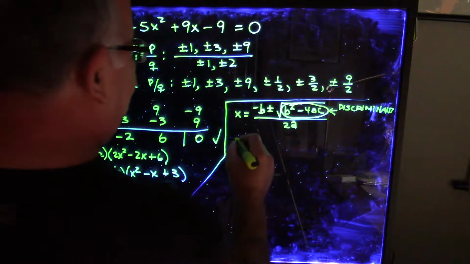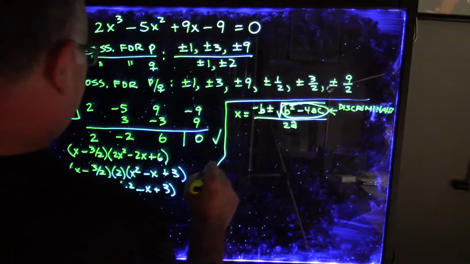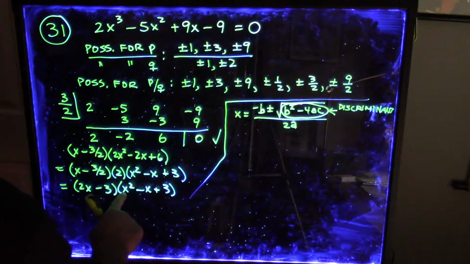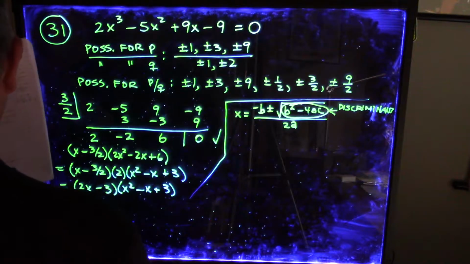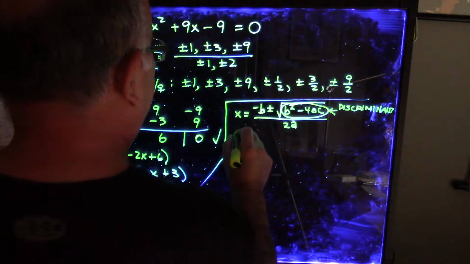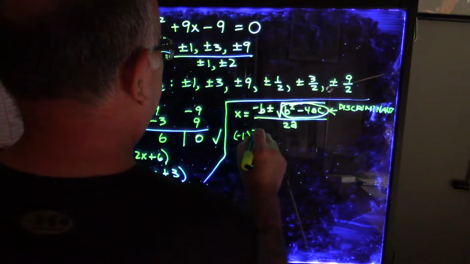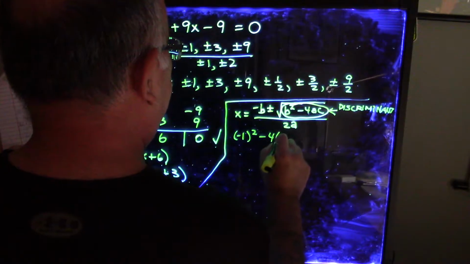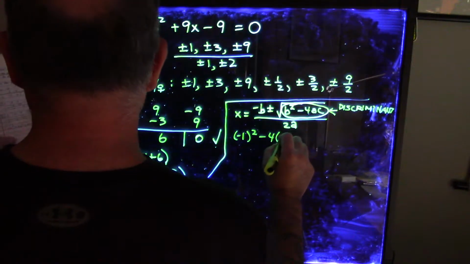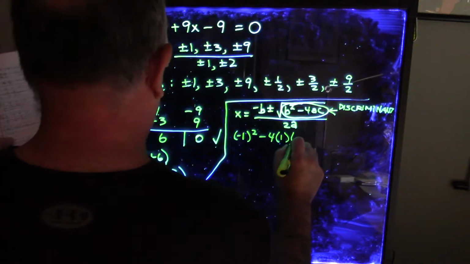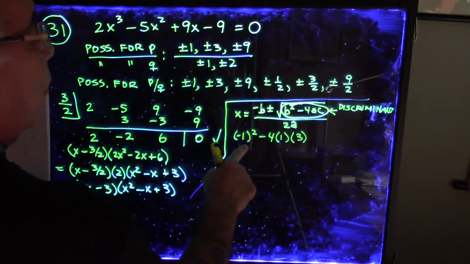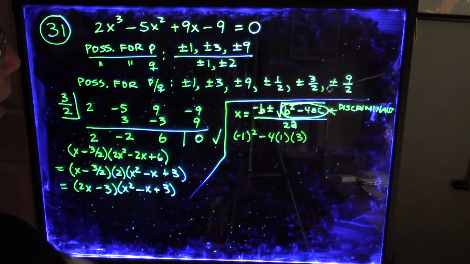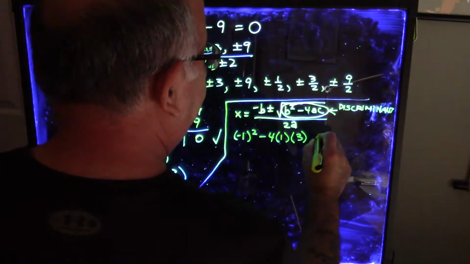Alright, so let's try b squared minus 4ac for this. A is 1, b is negative 1, c is 3. Alright, so you've got b squared, that's negative 1 squared, minus 4a, that's 1, c, that's 3. Alright, so this is going to be 1 minus 12 is less than 0.